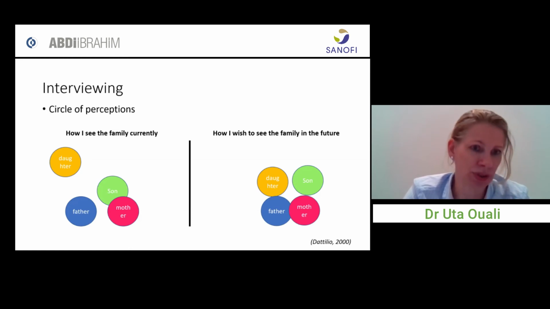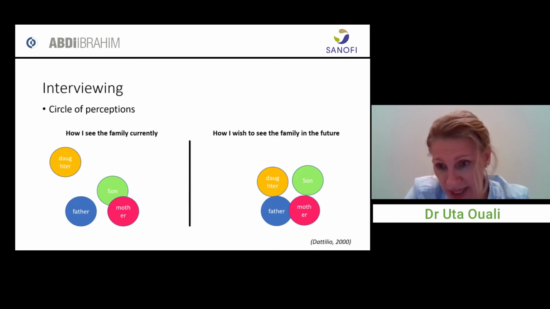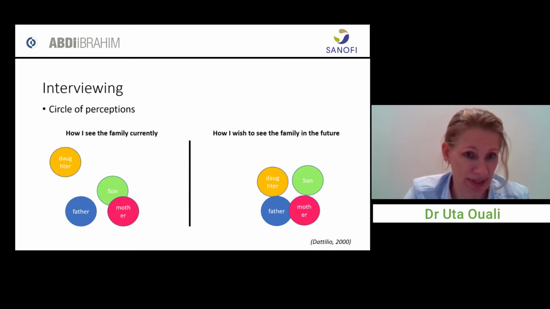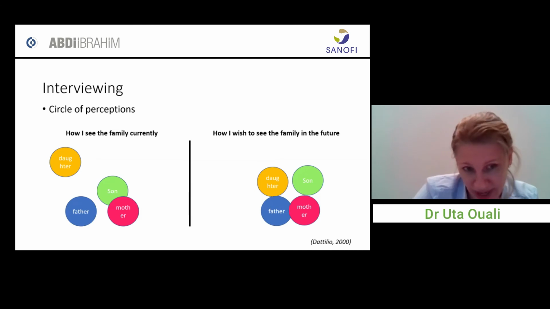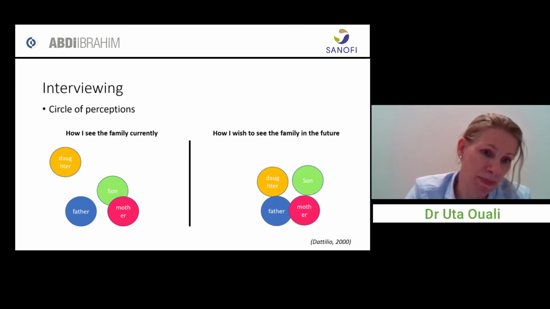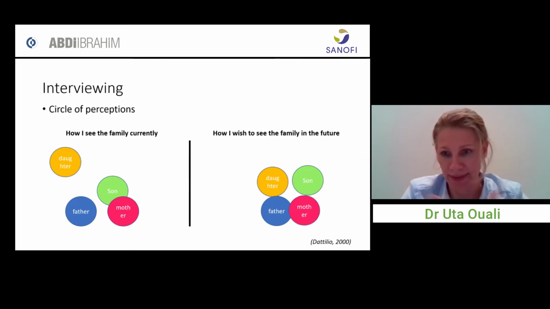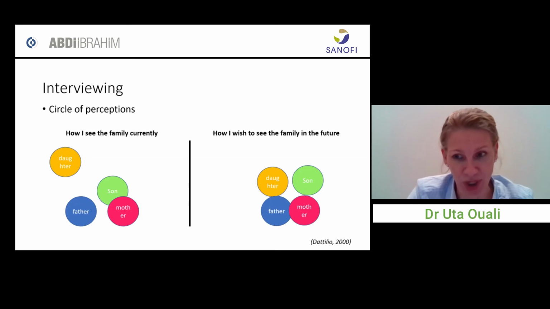Each is asked to draw how he sees the family currently, and then how the family member wishes to see the family in the future. What you can see here is a very great emotional closeness between son and mother, and the daughter seems to be a bit further away. So the wish is to bring the daughter closer and maybe to have a less close relation between son and mother.